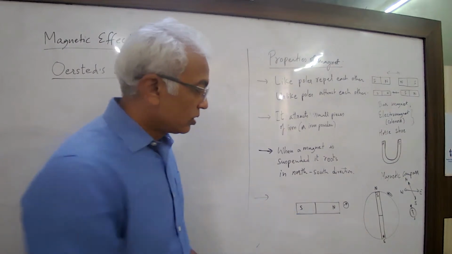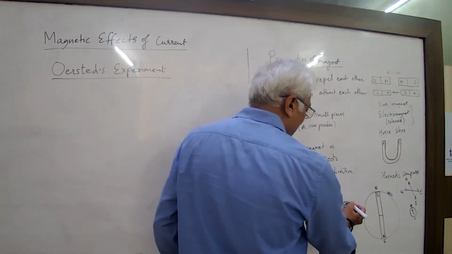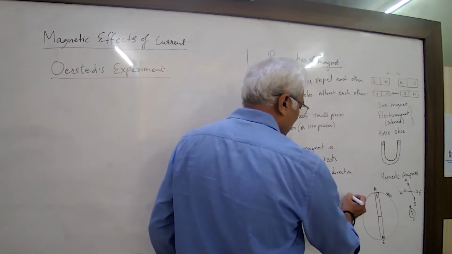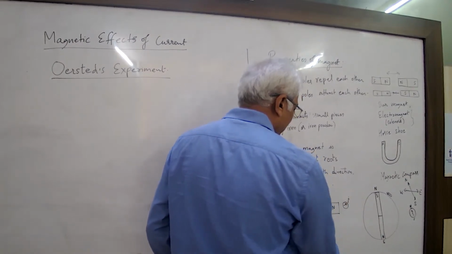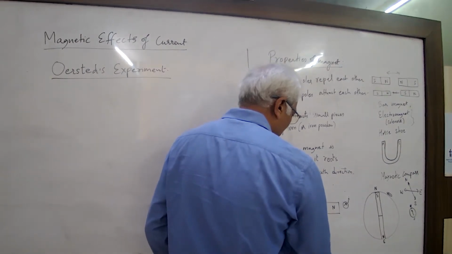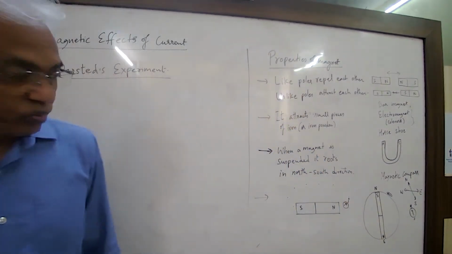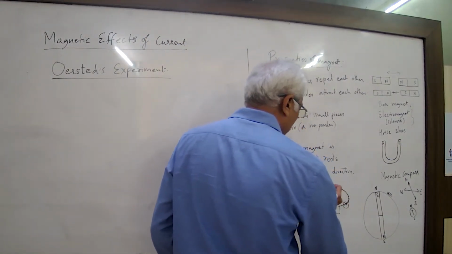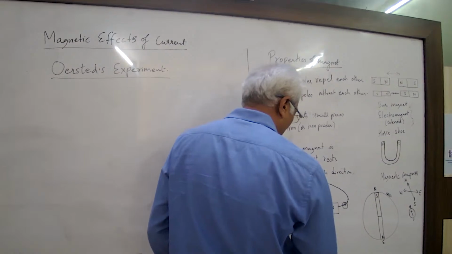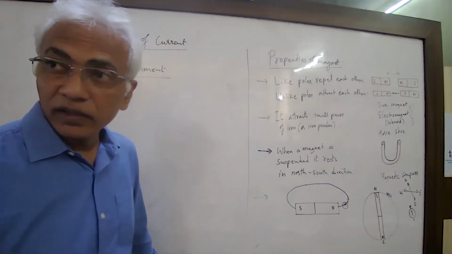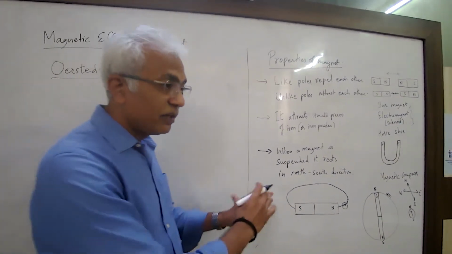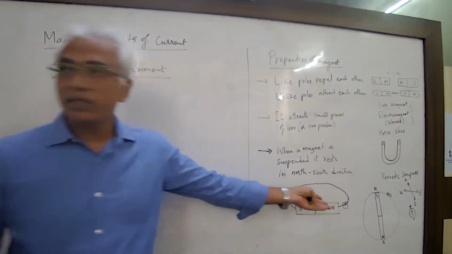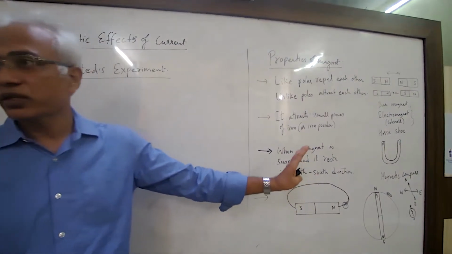So when we shift the compass elsewhere, let us say I mark this point and I keep the magnetic compass here, then we see that it points in this direction. And likewise, when we keep shifting the magnetic compass and mark a dot where its north pole points, we get this kind of a line. This is called a magnetic field line. So the magnetic field is the region of influence around the magnet where any other magnet will experience a force of attraction or repulsion.